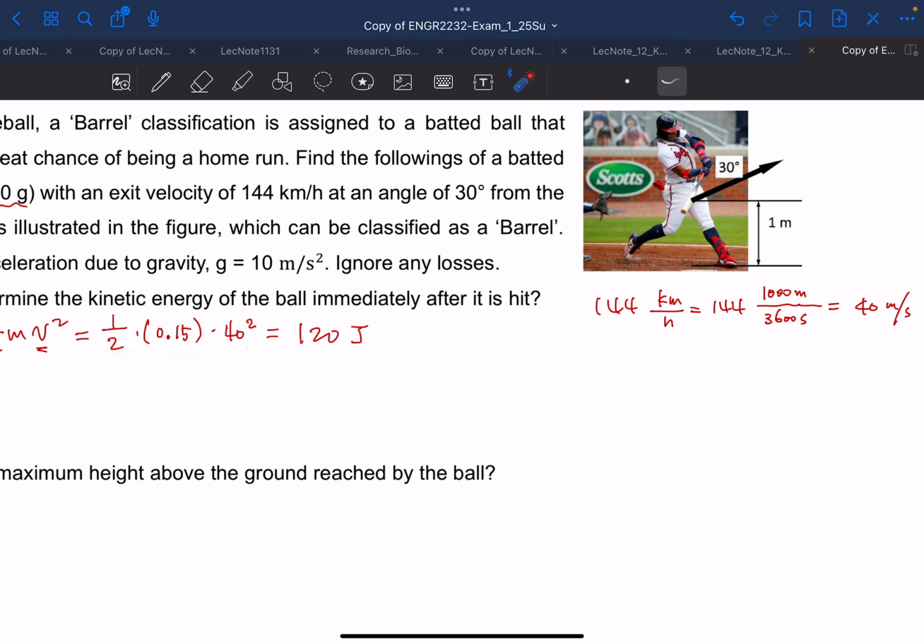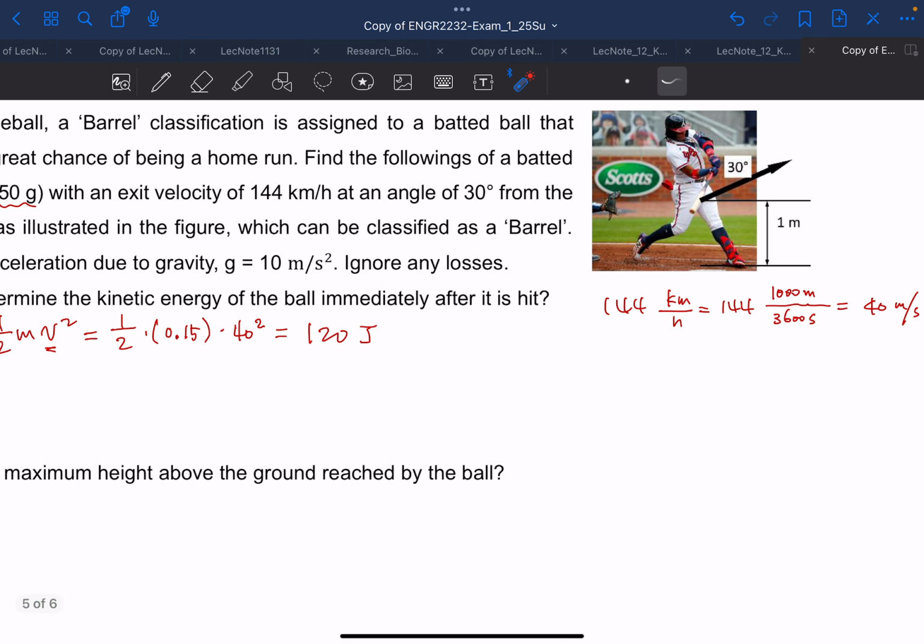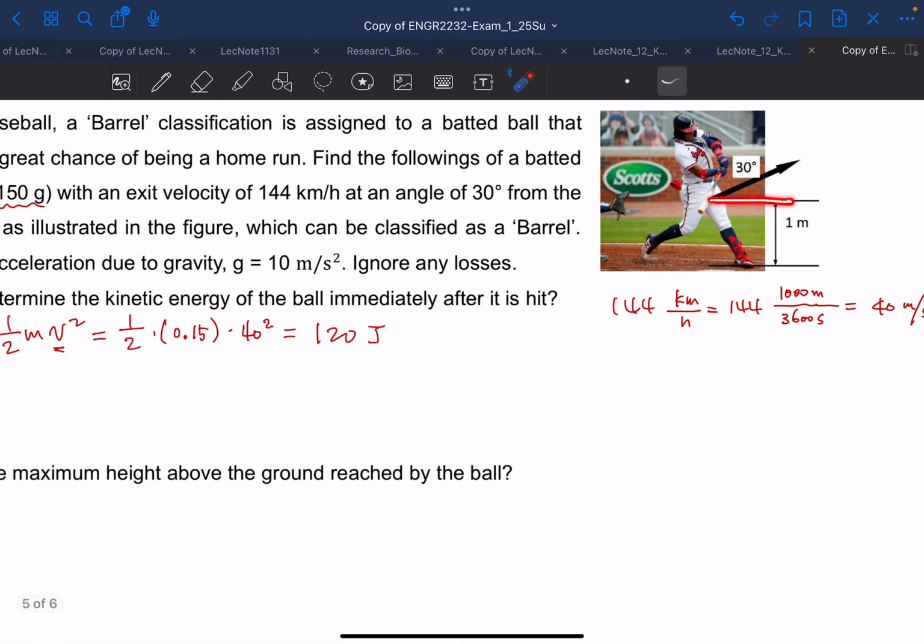Or some used 150 gram instead of 1.15 gram, those issues. I also remember some of you found the horizontal component of this velocity and just used this when you do velocity squared. But here we're not considering any directions when you are usually dealing with the energy. Right? So that's that here.